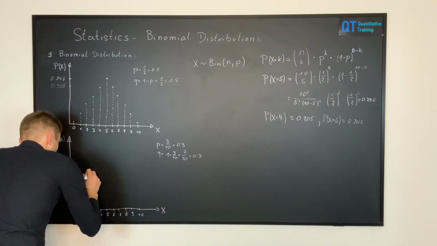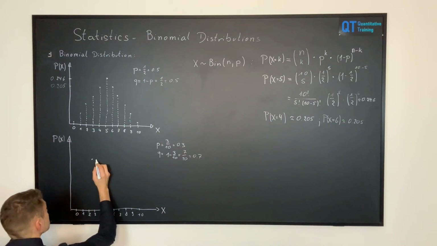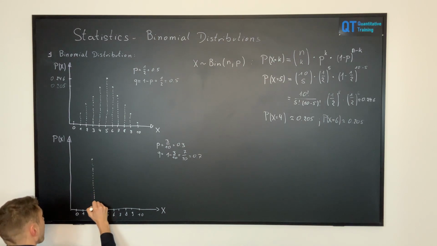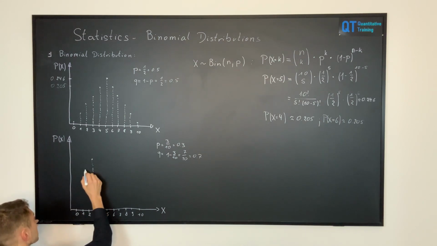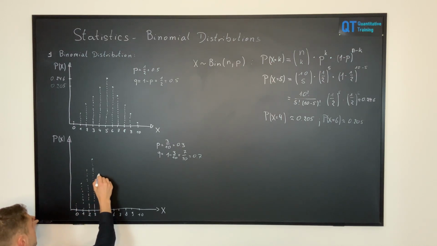So let's draw this. Let's say the highest success is somewhere here. And then you have something like this. And this time it's not symmetric anymore.